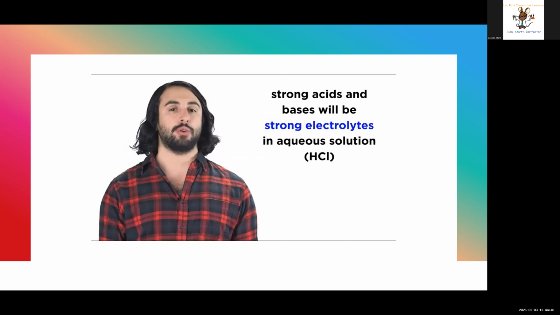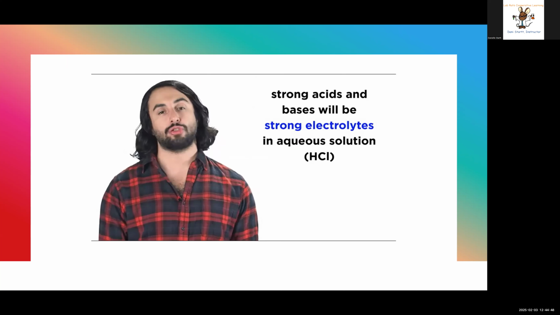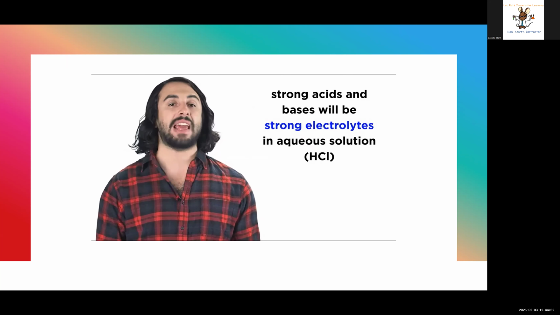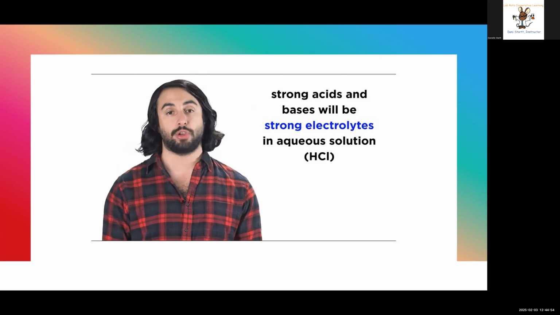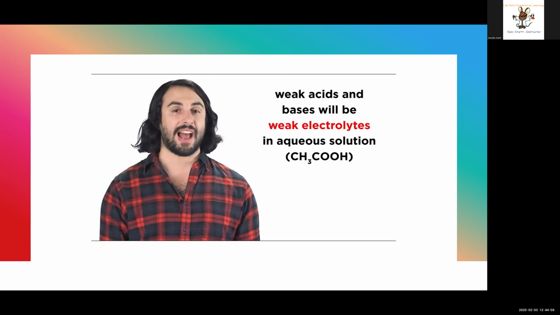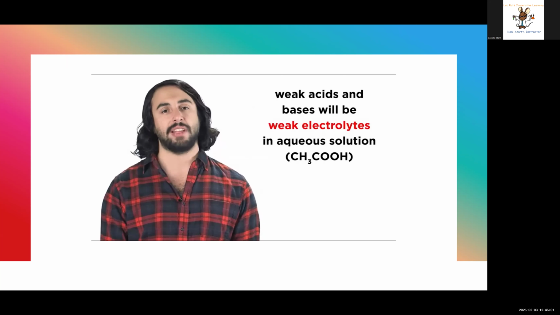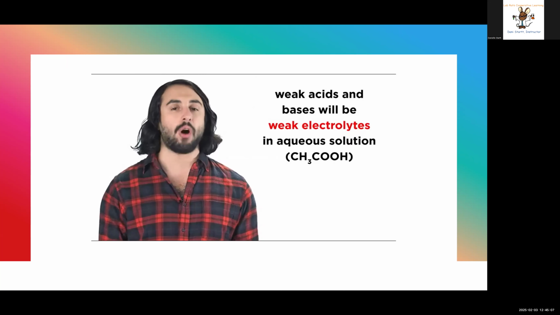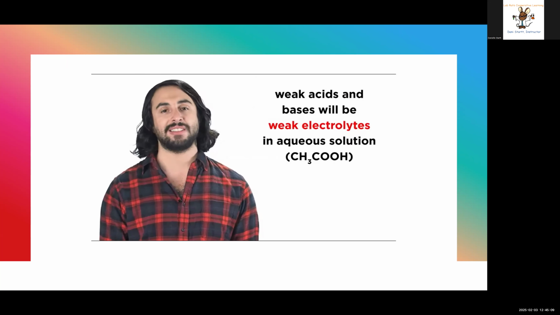But for aqueous solutions, let's keep in mind that strong acids and bases will be strong electrolytes because they ionize completely in solution, whereas weak acids and bases, like acetic acid, will only partially ionize and will therefore be weak electrolytes, as they will generate relatively small concentrations of ions in solution.